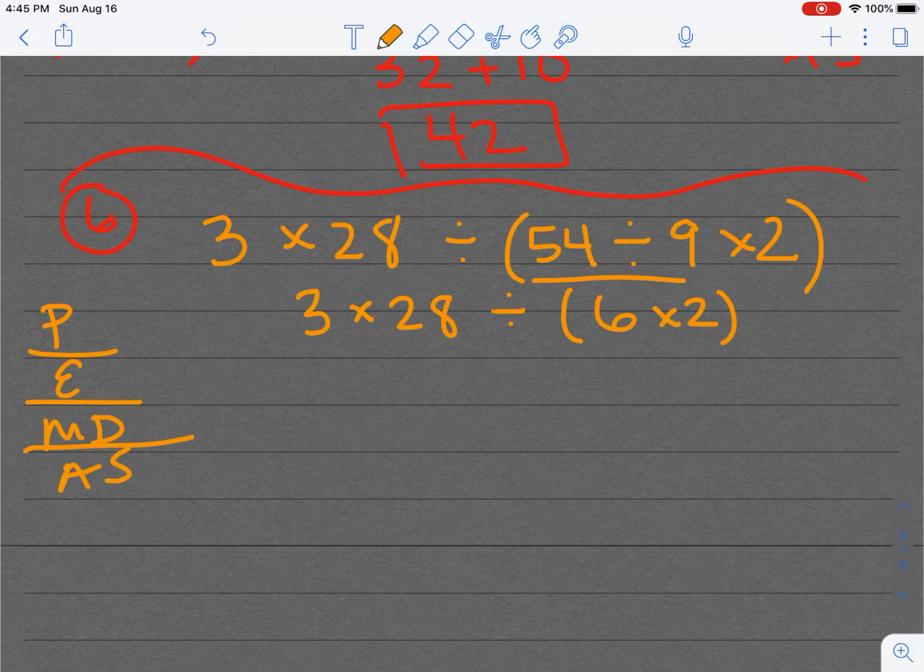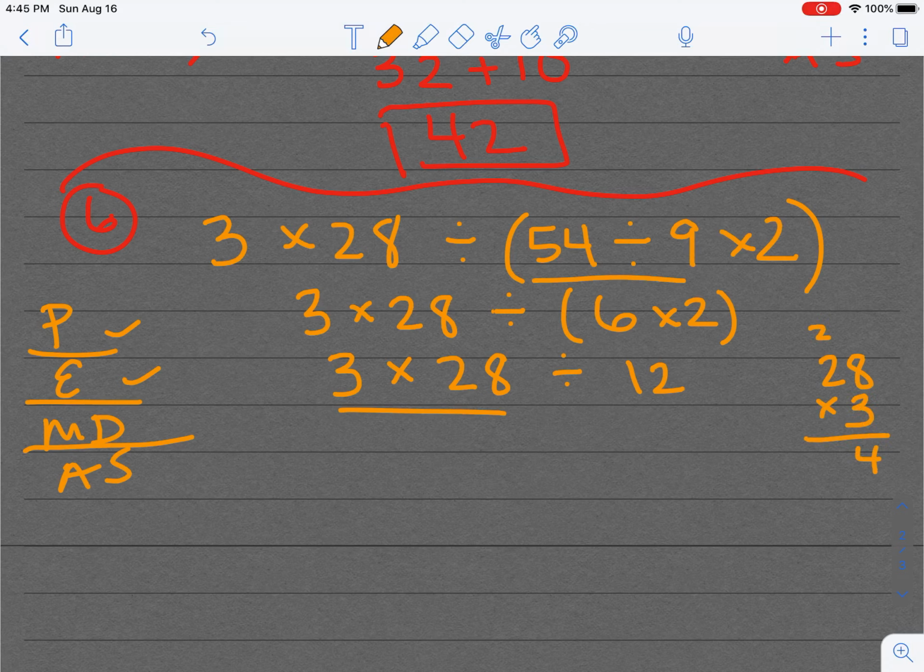So I'm still having parentheses to deal with because that's not just a number in there, that is an operation. 6 times 2 is 12. I'm bringing down everything else. Now I have no more parentheses, I have no exponents, so I'm down to just doing this left to right. Well, 3 times 28 is not something I would ever do in my head. That's 84.